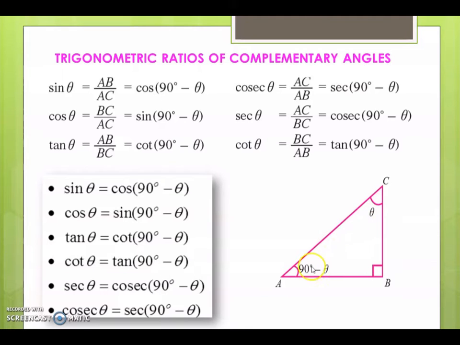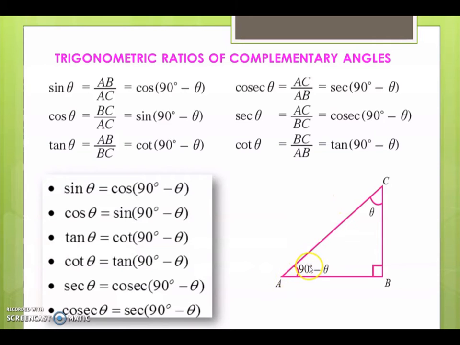Now, we will discuss the trigonometric ratios of these two and how they are related to each other. So, sin theta, theta I have taken as angle C. So, sin theta is opposite by hypotenuse, that is AB by AC. Now, cos of 90 minus theta is adjacent by hypotenuse.